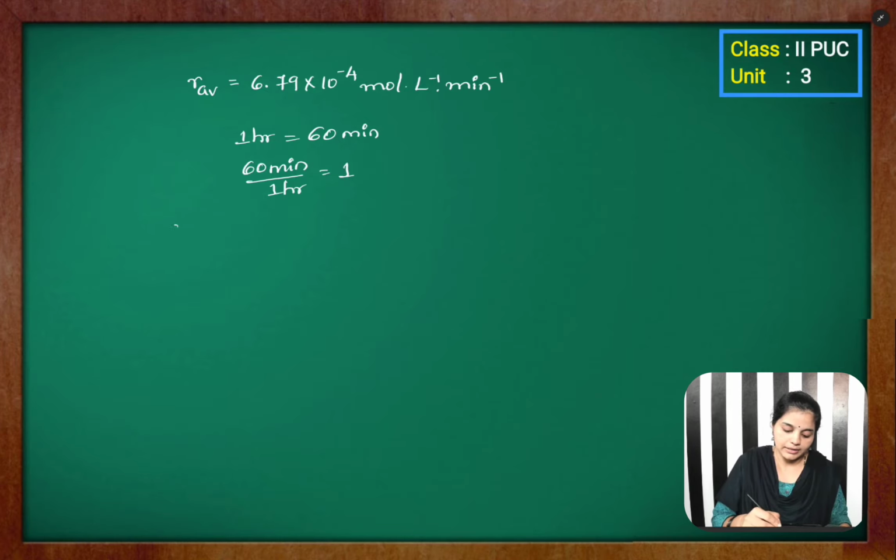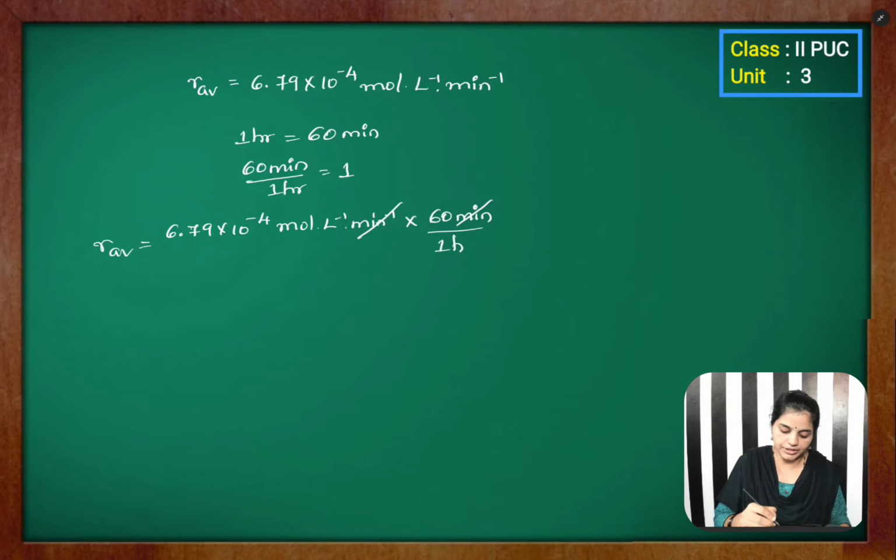So I'll multiply 6.79 into 10 to the power minus 4 mole per liter per minute into 60 minutes divided by 1 hour. So this is the unitary method that I am doing here. So minute inverse and minutes get cancelled with one another.